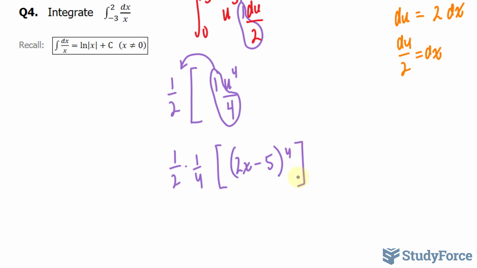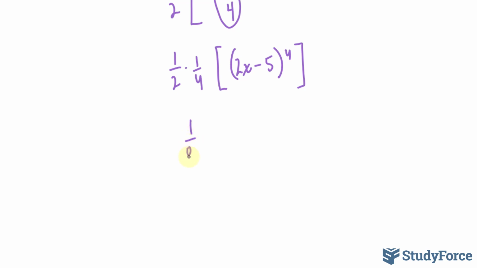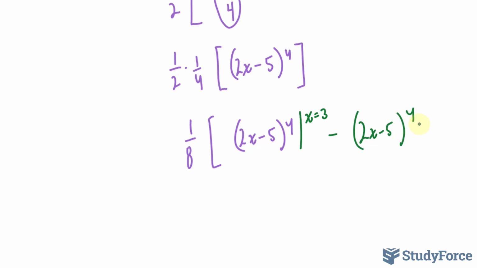Now I have to evaluate this at the upper and lower bound. I have 1 over 8, square brackets, 2x minus 5 to the power of 4 when x is equal to 3 minus 2x minus 5 to the power of 4 when x is equal to 0. 2 times 3 is 6 minus 5 is 1 to the power of 4 is 1.